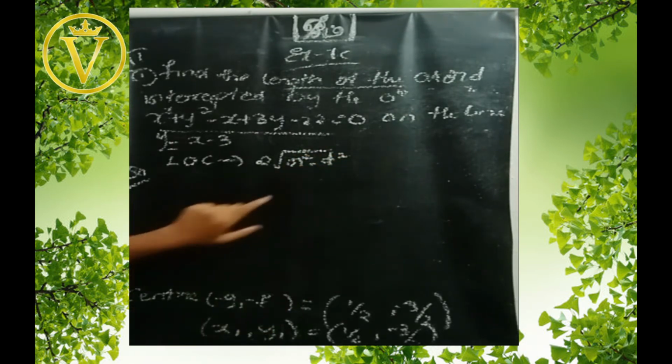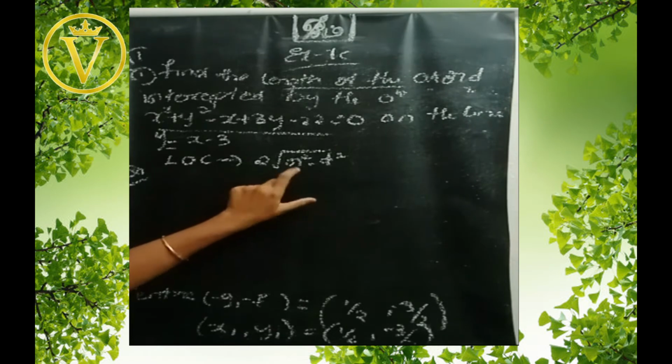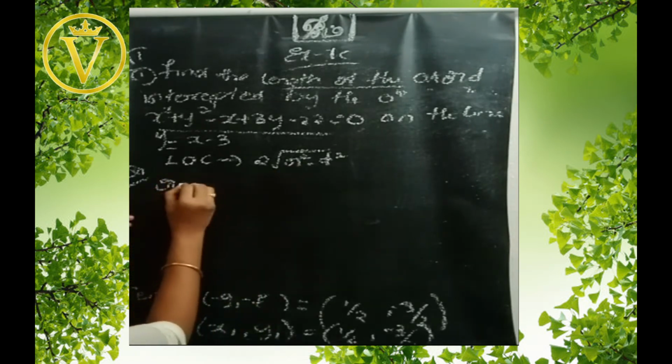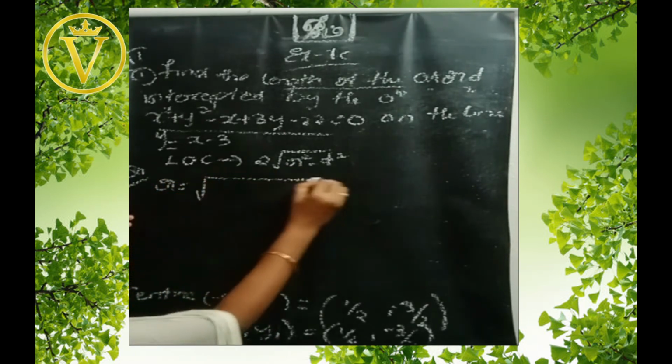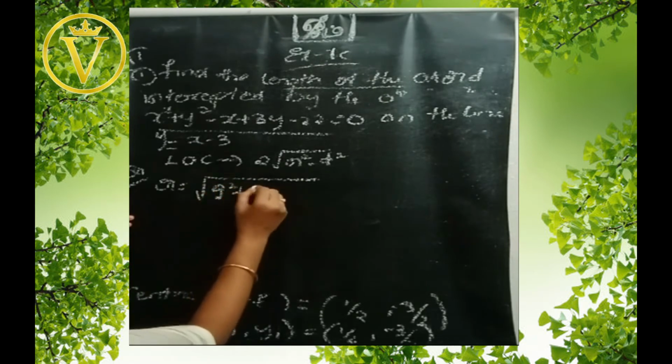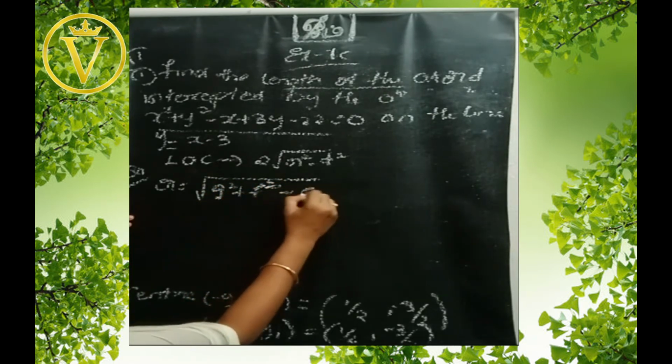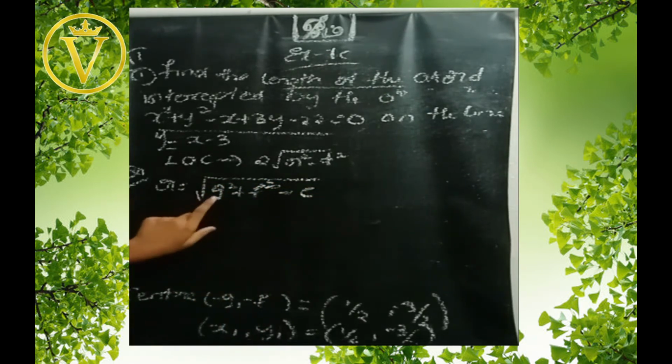Right? To find r, what's the formula for r? r equals root of g square plus f square minus c. To find g and f, we have to find the center from this equation. That's why we found the center.